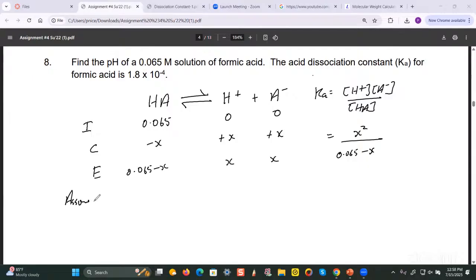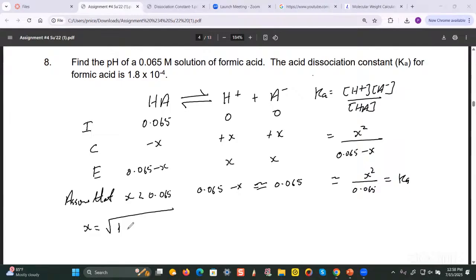We assume that X is so small compared to 0.065 such that 0.065 minus X is approximately equal to 0.065. So that simplifies things here. X squared over 0.065 is equal to Ka. Therefore X would be equal to the square root of Ka times 0.065.